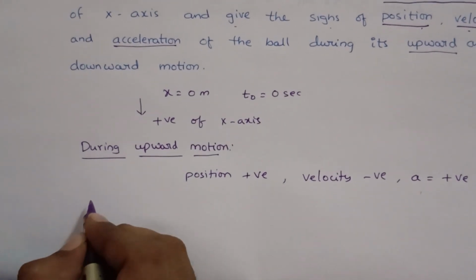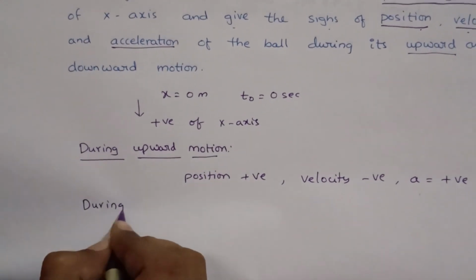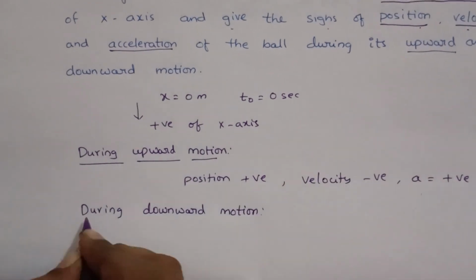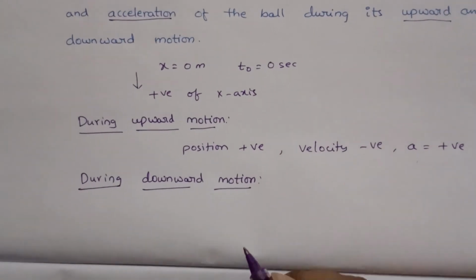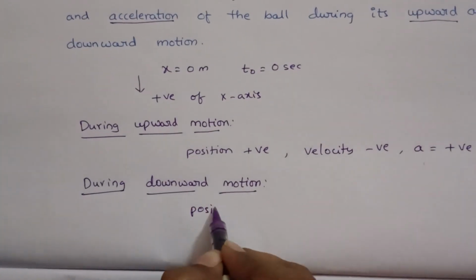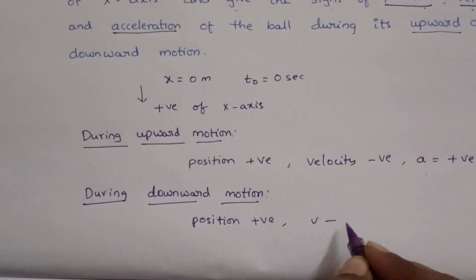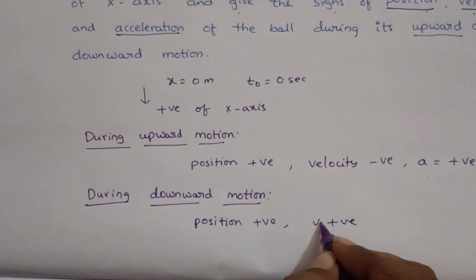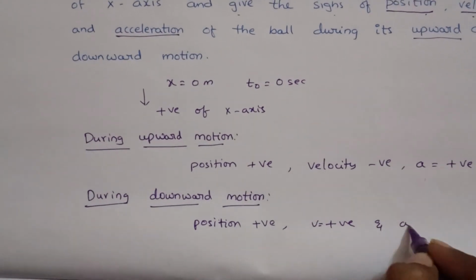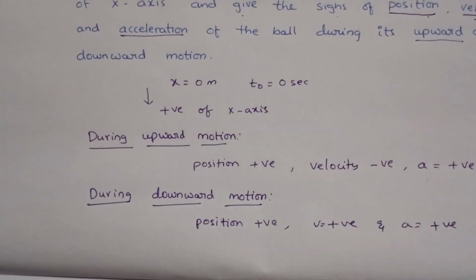Now coming to downward motion. During downward motion, position is positive, velocity is positive and acceleration is also positive.